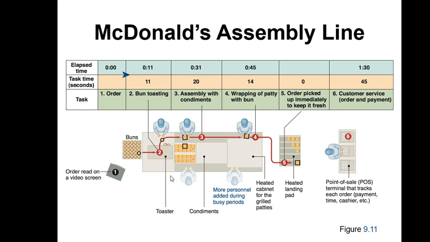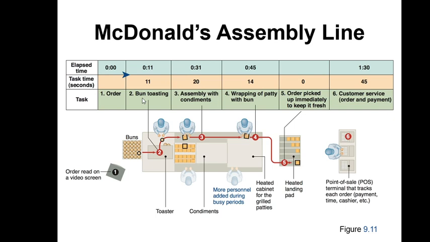And don't forget, this is what I was talking about, task times. Each task at each workstation has a task time, like we see here. For example, step number 1, the order, has 0 time.